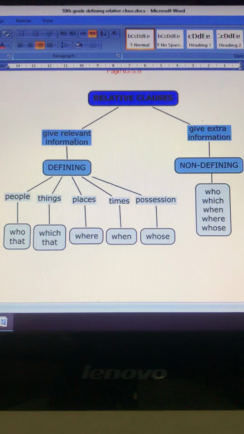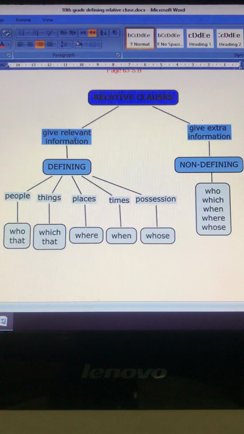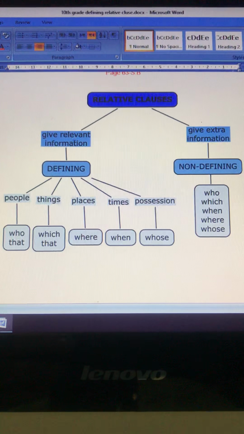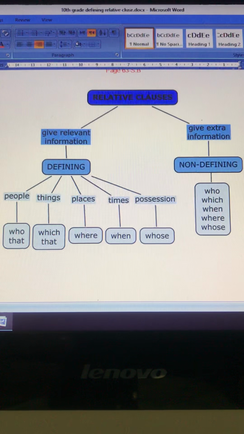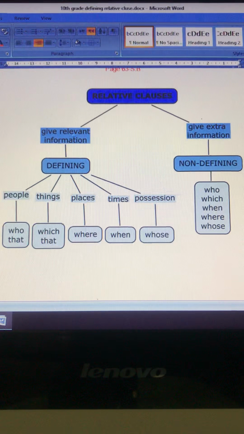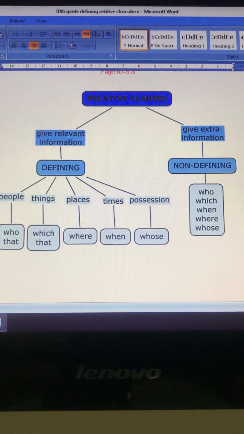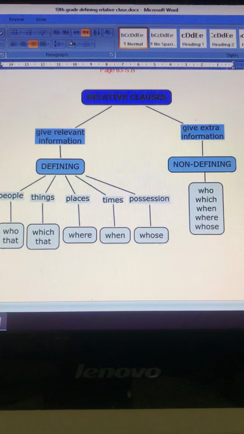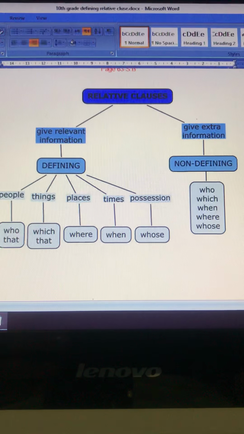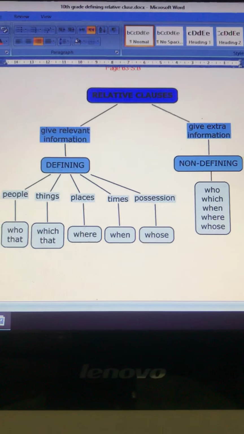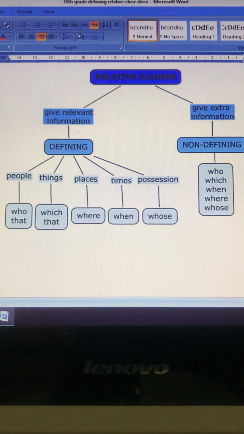As we have said before, we could use these relative clauses to join two sentences together. The new information that we're gonna deal with in this class is the concept of defining and non-defining relative clauses. I remember that I have told you about it, but in this class we're gonna dig into more detail.